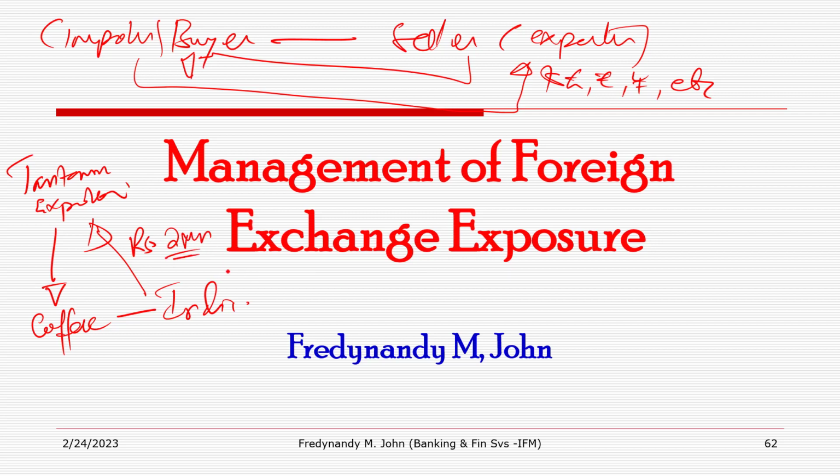Now, the problem here is that this Indian rupee 2 million payment won't happen today. The payment will happen, let's say, 90 days later. Within this waiting period, anything can happen, and whatever happens might impair the exchange rate.